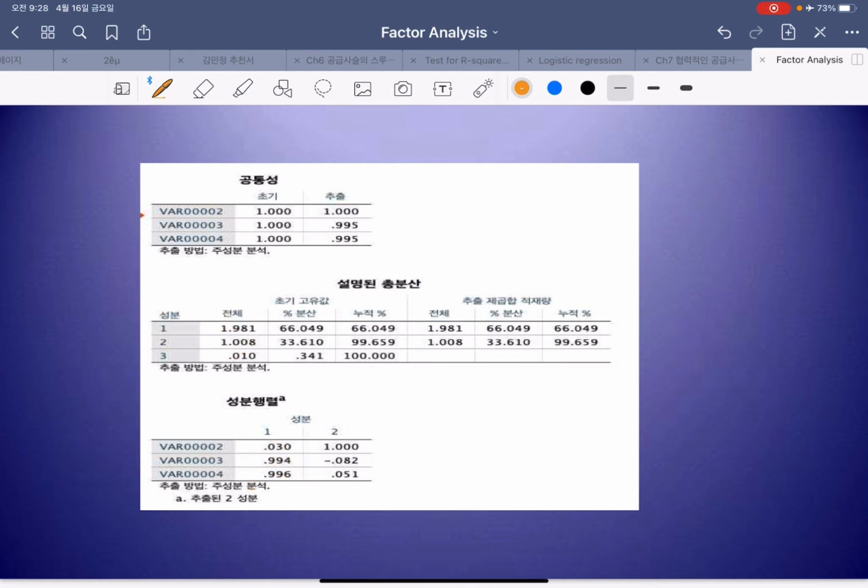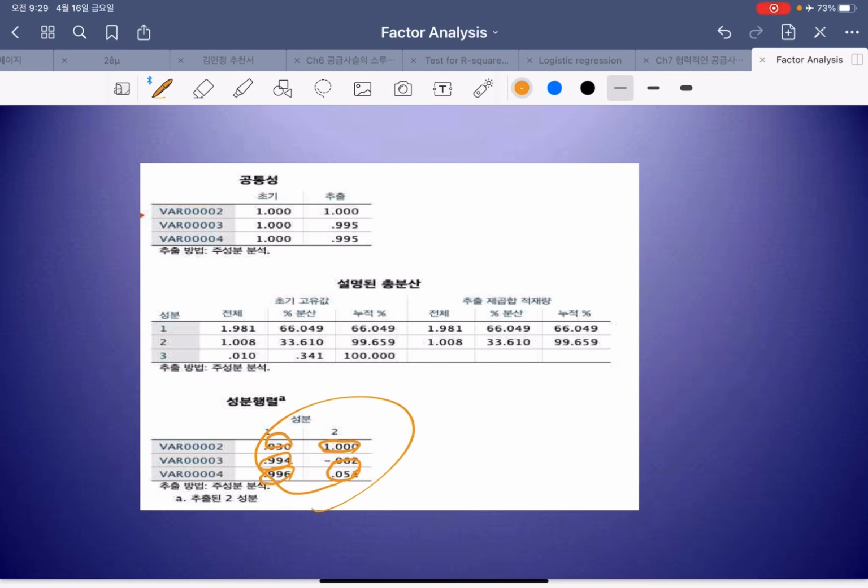So let's look at the output again here. This is the factor loadings before rotation. In this case, it's very clear. Clear means that the difference between factors is very clear. For factor 1, we have high loadings for variables 2 and 3. And for factor 2, we have a high loading for variable 1. These ones are very low.